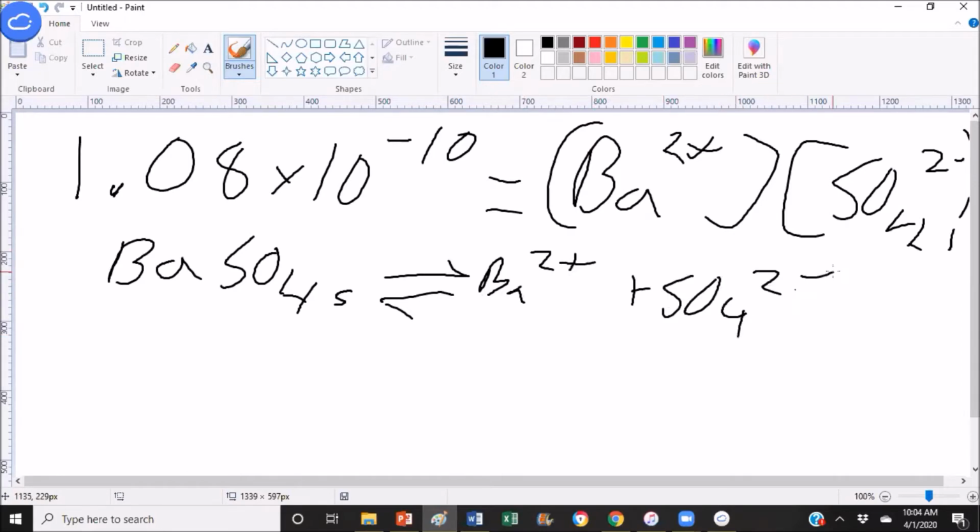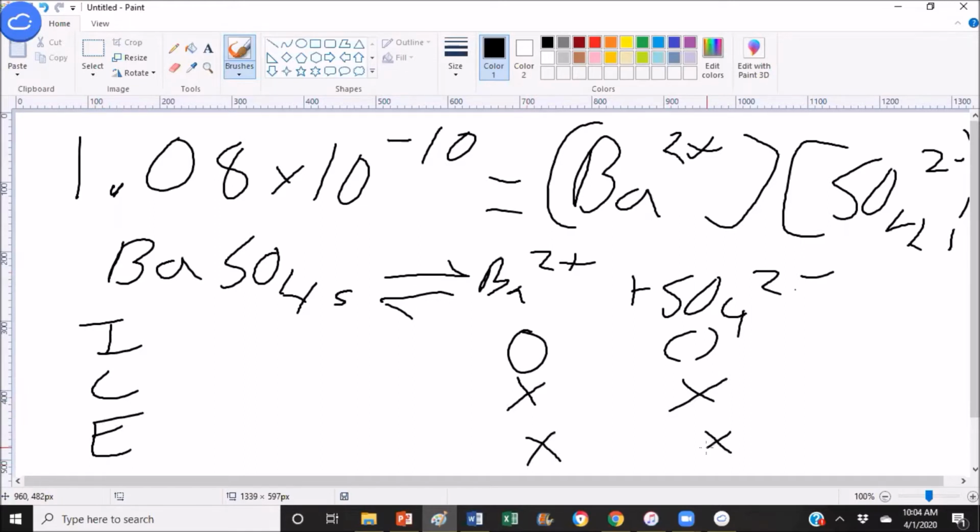Our ice table starts at 0 and 0. Because there's one of these, we have 1x, and because there's one of these, we have 1x. So our situation is just X and X. Barium is X and sulfate is X. So we say Ksp is equal to X squared. If I'm wondering how much barium dissolves or how much sulfate dissolves, this number equals X squared.